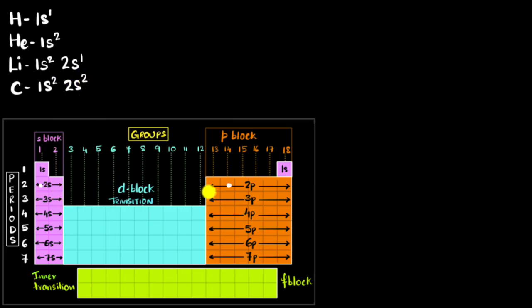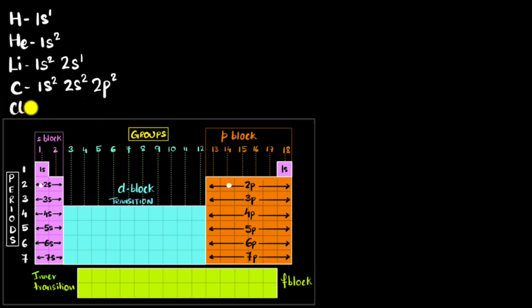And then we get to 2p, and notice in the P block carbon is 1, 2 squares to the right, so it'll be 2p2. That's the last one, and we are done. And again, we can check: 2 plus 2 plus 2 is 6. Carbon has 6 electrons in them.